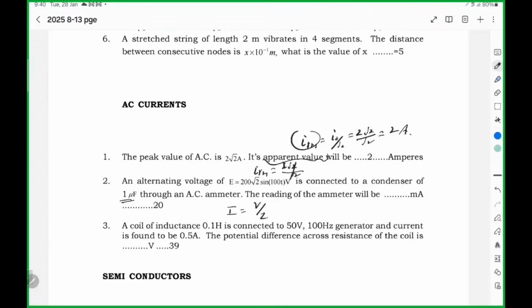The battery is connected to the capacitor. Then Z will be XC, that is 1 by omega C, so I is V into omega C.